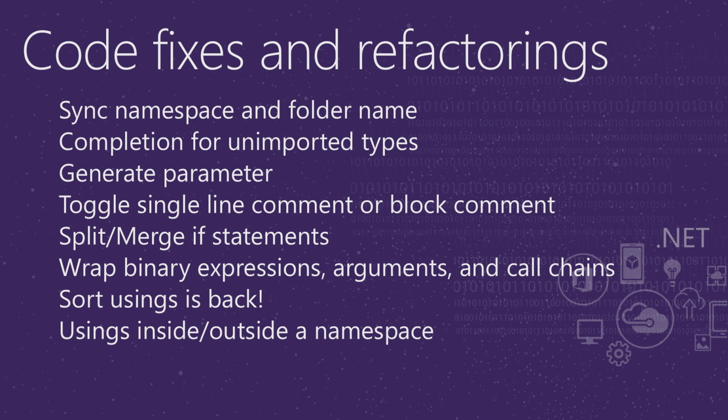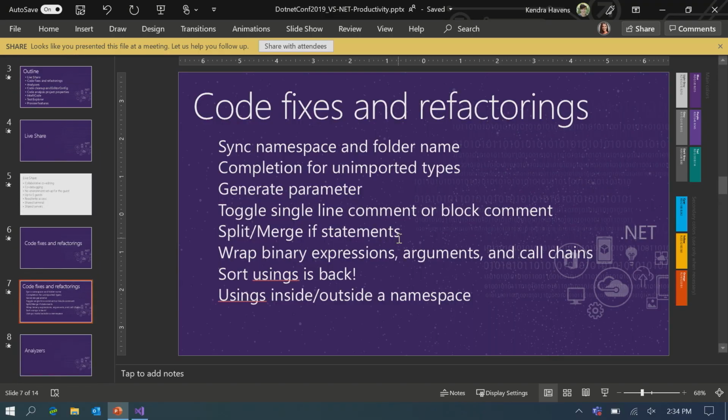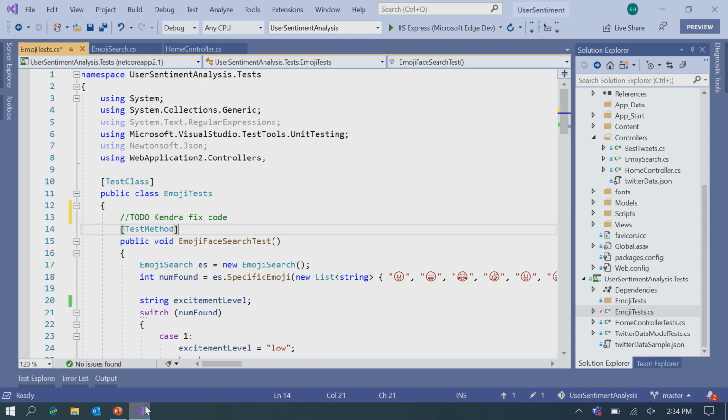Oh, I should probably exit presenter mode. That's probably what I needed to do. There you go. Oh, it worked for a second. Oh, this is all on me. And I was saying everything would go smoothly today. Maybe duplicate. Exit? Yeah, trying to get out of here. Do I want to keep ink annotations? I'm going to discard those. Okay. There you go. Okay, now you can see my screen.